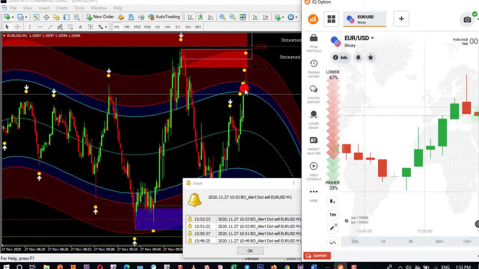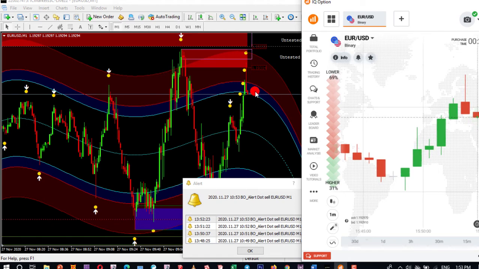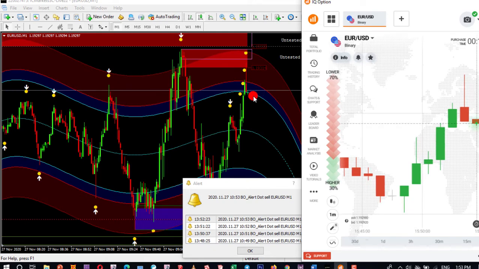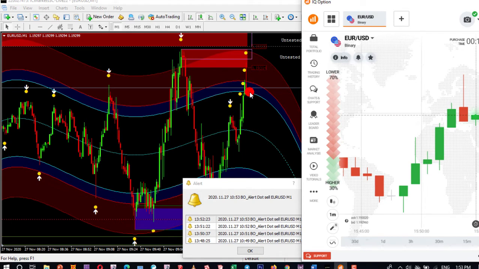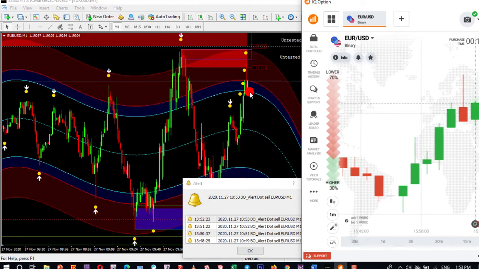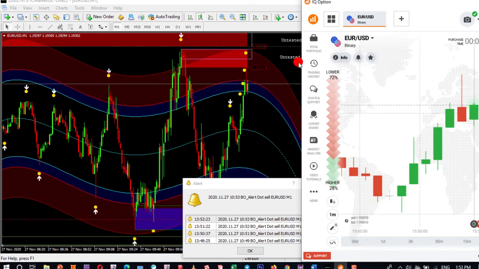If this candle closes green, then we will place the sell option on the next candle. Okay, it might be a retracement. Let's wait for this candle.